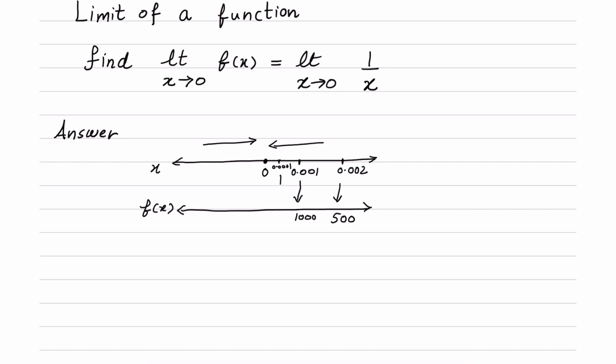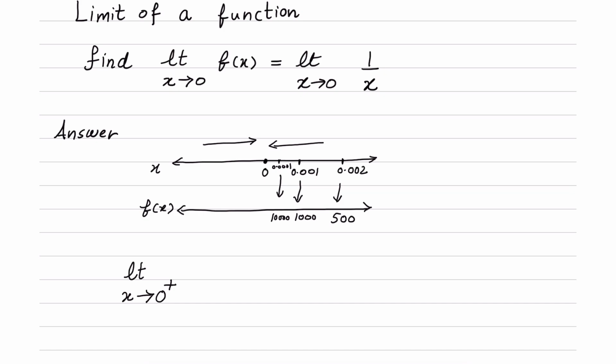In this case, the value of the function is 10,000. So we can see that as we get closer to 0, the value of the function f of x will become larger.